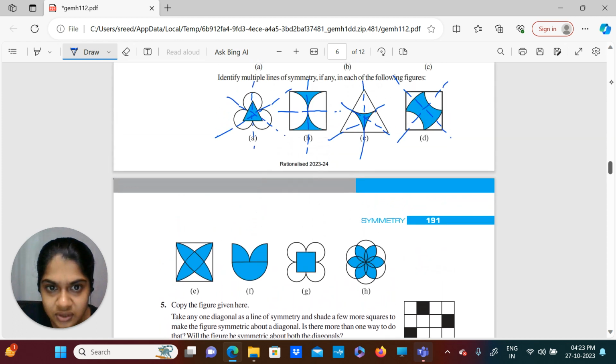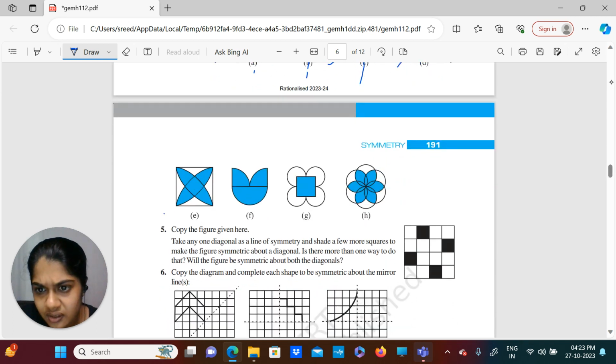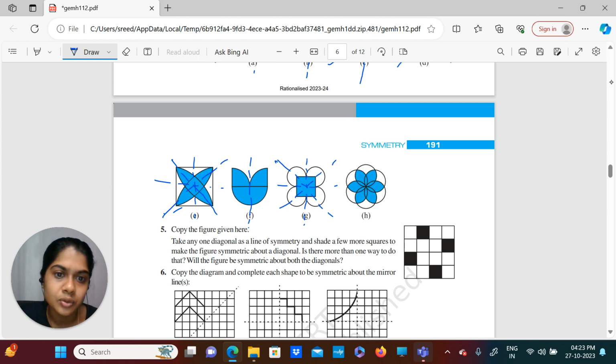Here also you can draw, like this, like this. You can draw like this. You can draw like this. Here you can draw only like this. Here you can draw one, two, three, four.